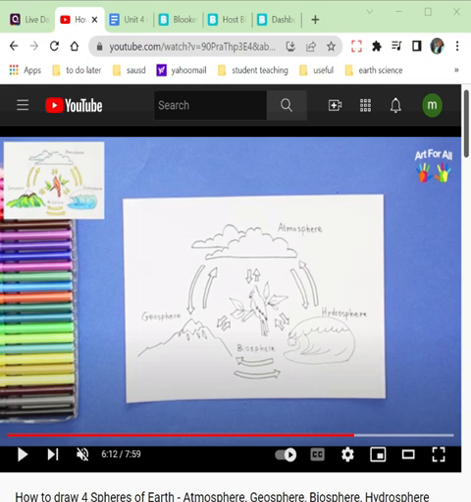Atmosphere, that's our first element. Yeah. So write this down too. Then we have the hydrosphere.